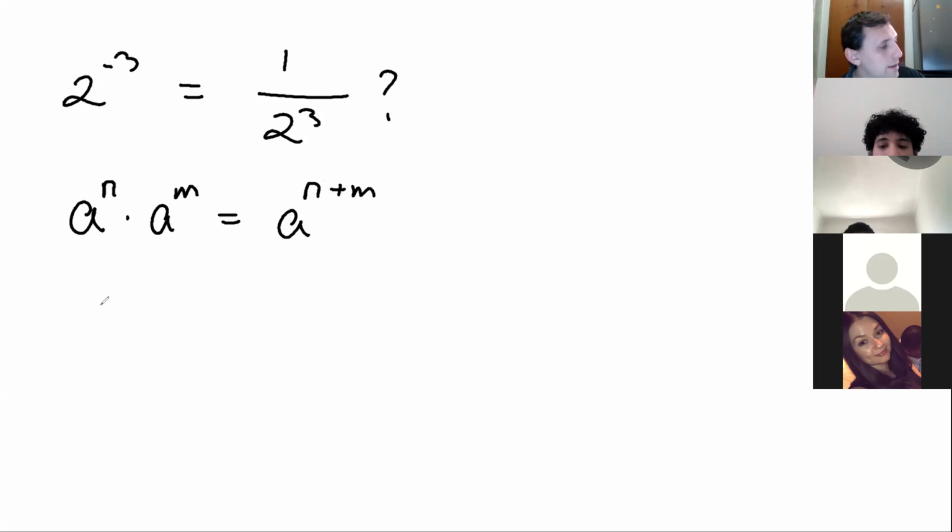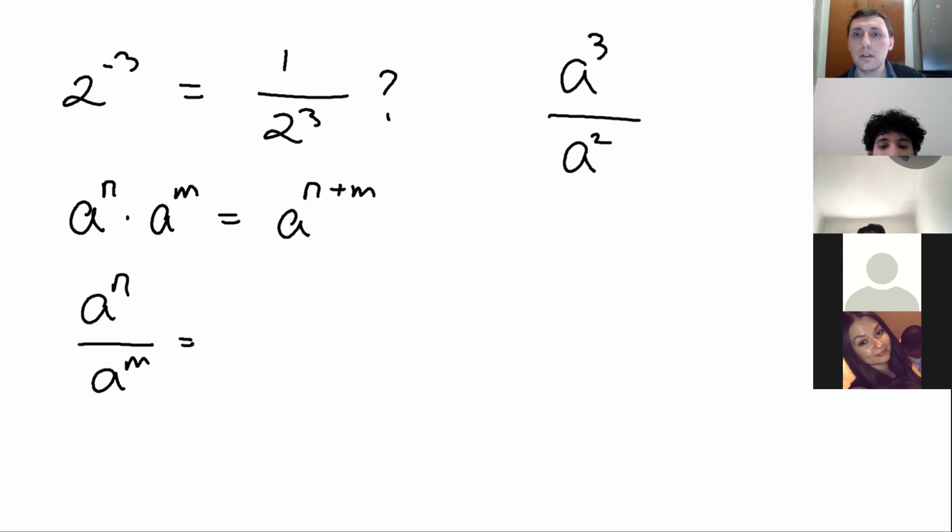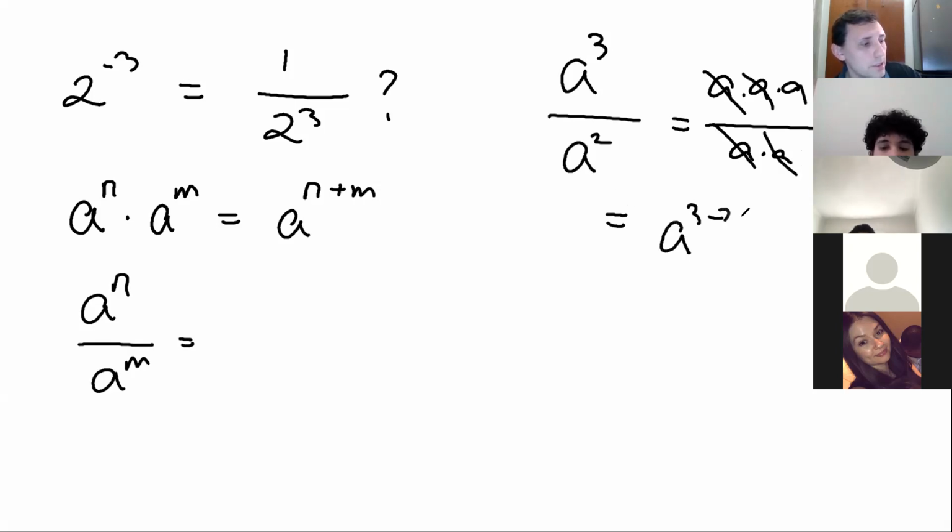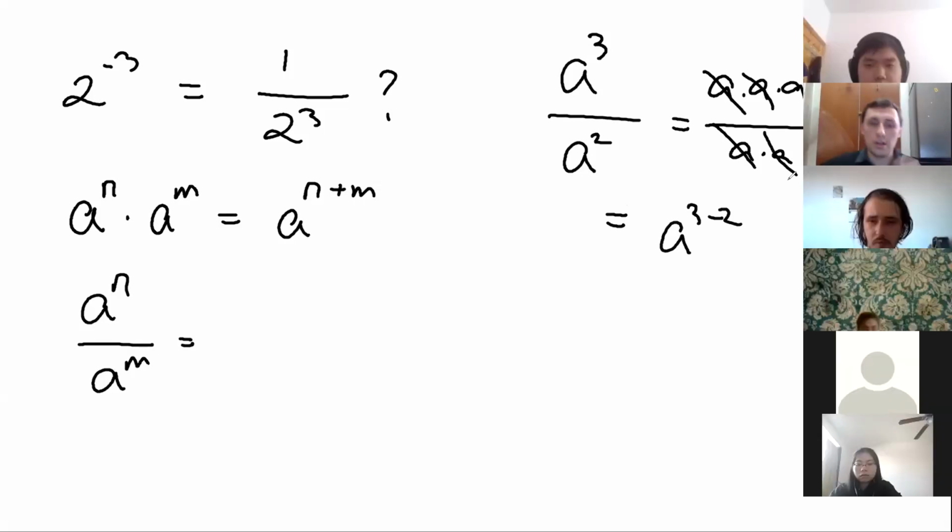And if I have a to the n divided by a to the power of m, what happens here? Suppose I have a cubed divided by a squared. It's a times a times a divided by a times a. If a is not 0, I can cross away 2 of them, and I'm left with a to the power of 3 minus 2. When I divide, I remove a few of the a powers.